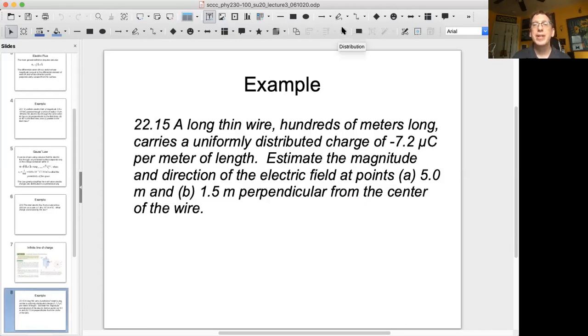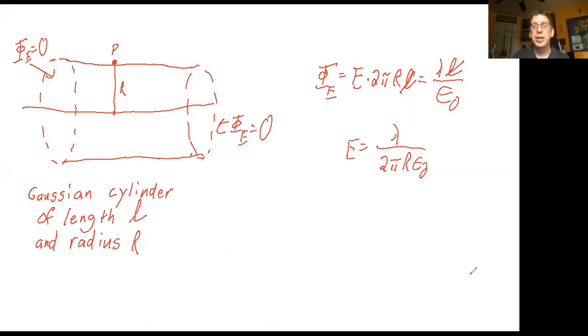So let's go back to the board. I did not erase anything, and I'm not going to. So we know that lambda is equal to negative 7.2 microcoulombs per meter.